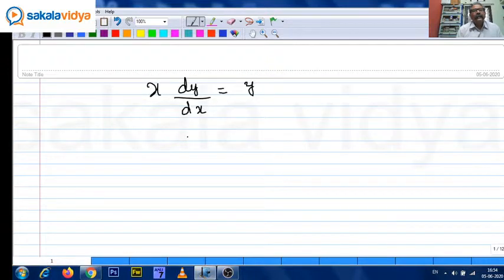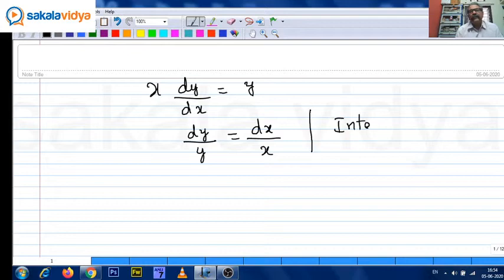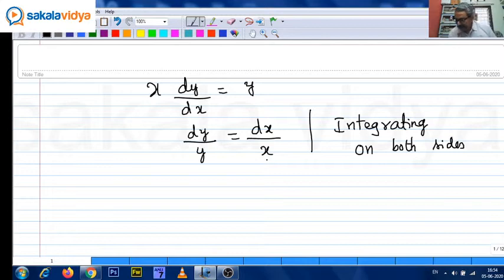We can write this as dy by y equals dx by x. Integrating on both sides. Just integrate it.